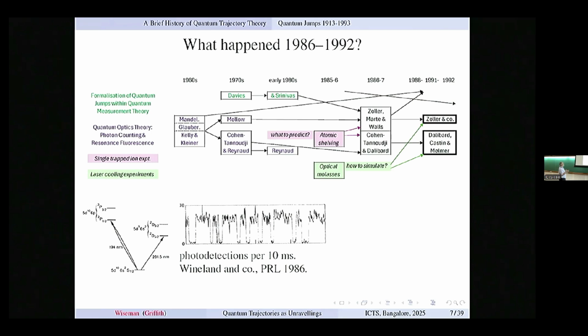In the 1970s, and then with Srinivas in the early 1980s, he worked out how to describe continuous measurements in quantum theory. That was something this group was aware of, and they used that in their description of quantum jumps, basically. So quantum jumps were definitely now being talked about and were in the air, but people were not writing down explicit stochastic equations.